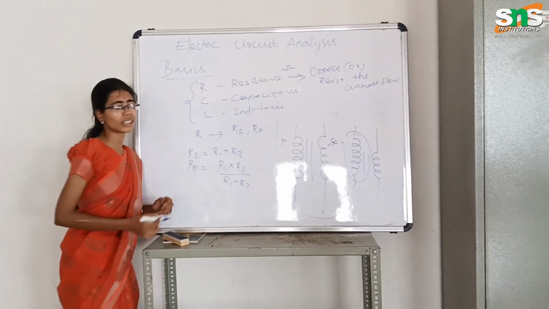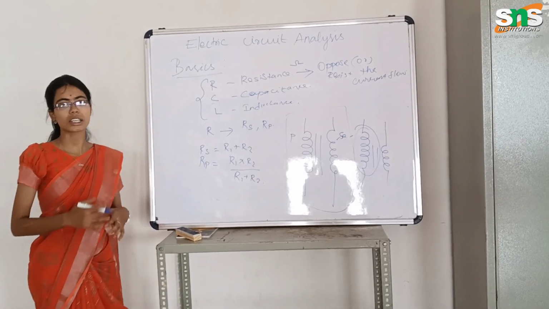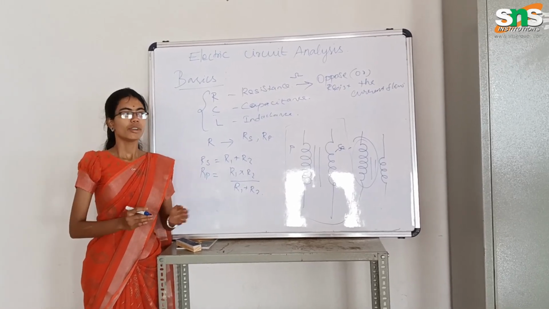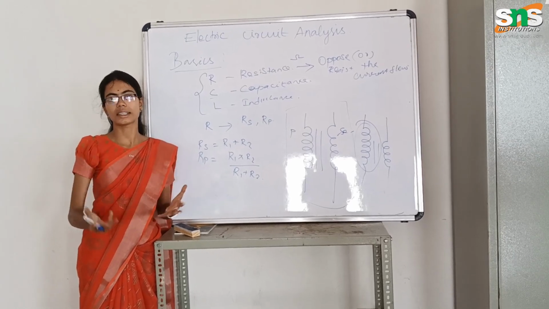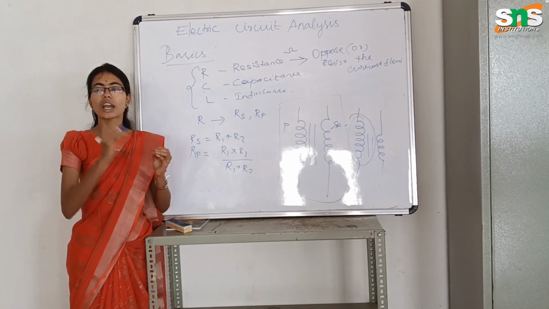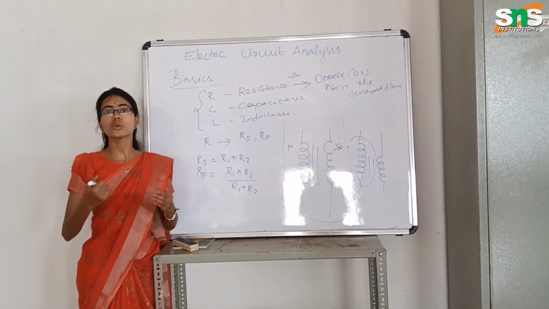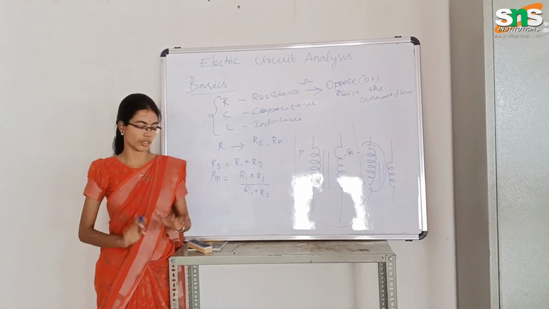Again, coming to the same topic, the basic things of an electric circuit. If you are going to analyze a circuit, we have to consider the number of loops that the circuit contains. Whether it is a 2-loop circuit or a 3-loop circuit, we have to identify the number of loops. Secondly, we have to know whether the circuit is in an open circuit state or a closed circuit state.